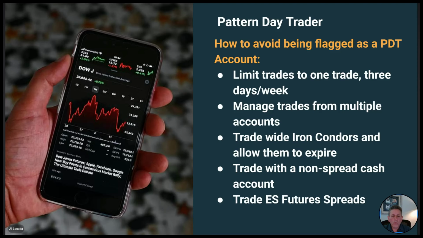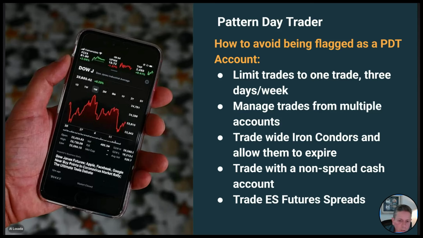You can do that, or you can manage trades for wider iron condors. But they will let you trade, because you can trade three trades within a 5-day period, and you'll be okay.